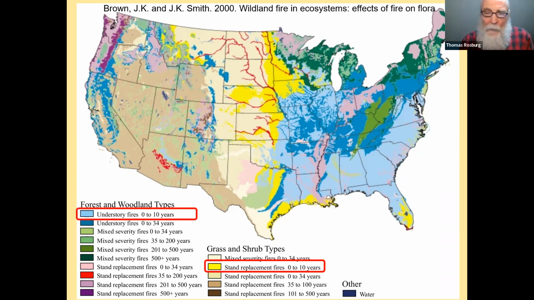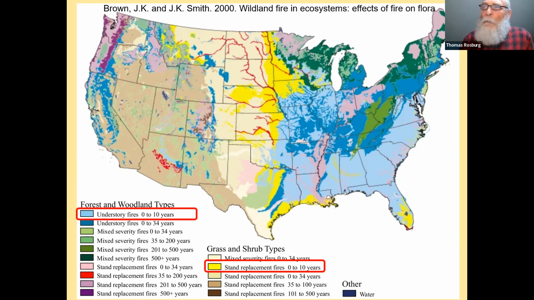And so the yellow color that you see across northern Iowa, these are called stand replacement fires occurring up to, well, they say 0, but basically 1 to 10 years in terms of how often. What we're looking at there is the fire return interval. So how long from one fire to the next time fire occurs on that same piece of land.